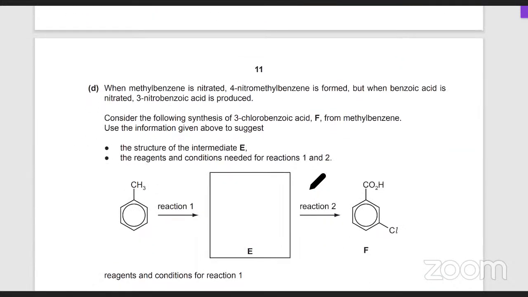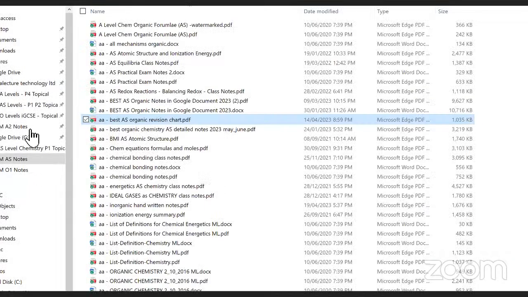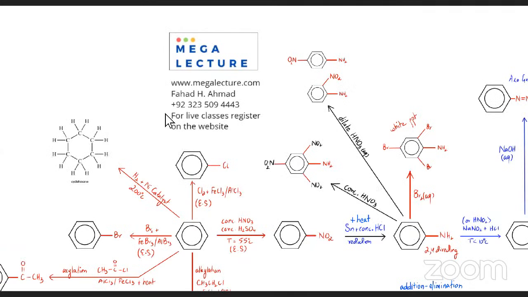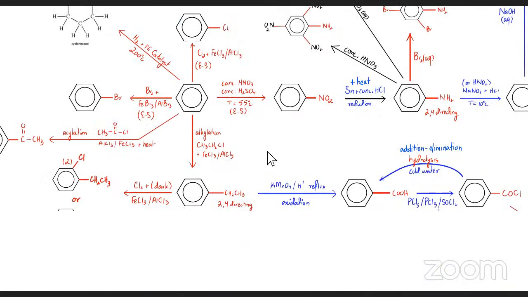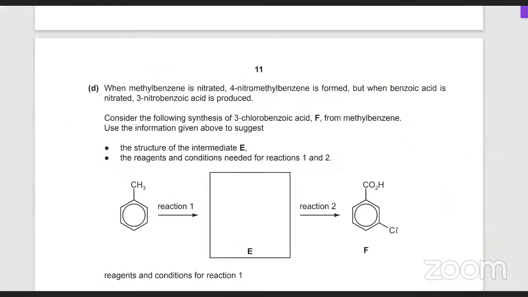Next part, you've got a methyl. Tell me there's substitution happening; which two reactions are happening here? No, it's not alkylation.